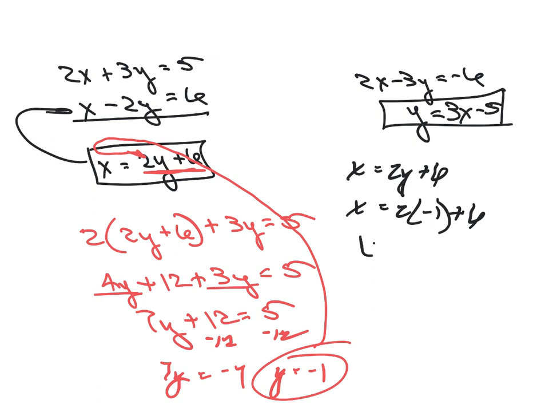And keep going. x equals -2 plus 6. x equals 4. So my answer then is (4, -1). My first number is my x. My second number is my y. And there we go. So that is 4.1.